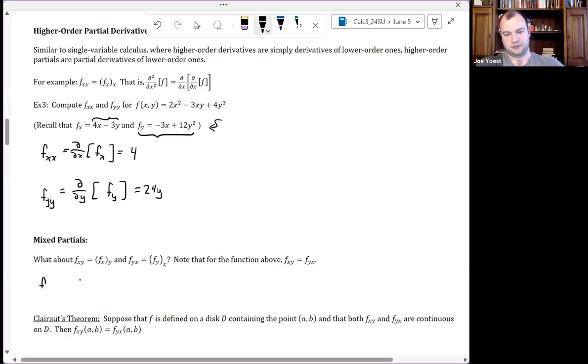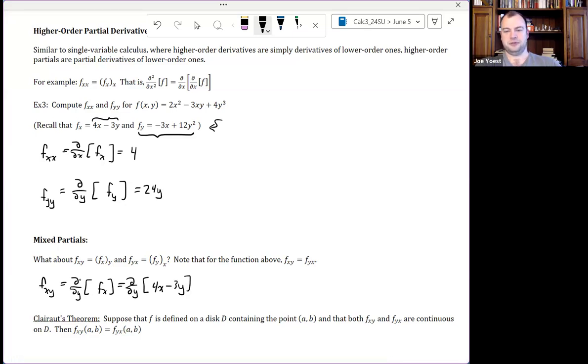Let's first compute f sub xy, which is the partial with respect to y of f sub x. Or that is the partial with respect to y of the function 4x minus 3y. And again, from the perspective of y, 4x is a constant, so its derivative is 0, and negative 3y differentiates to just negative 3.